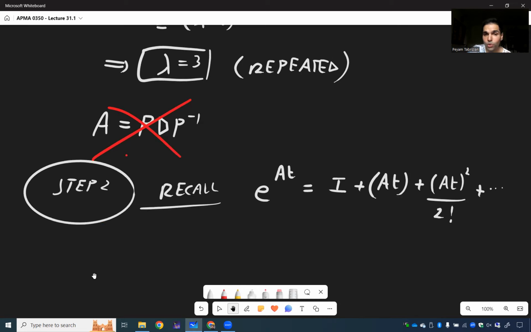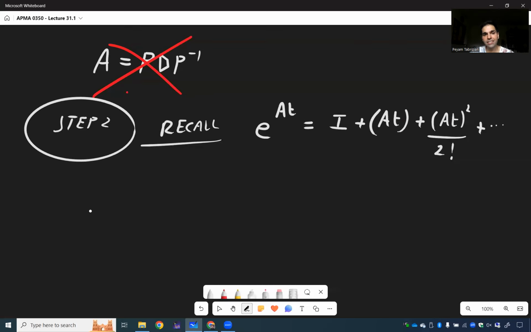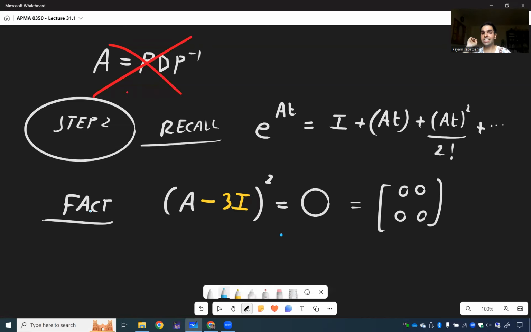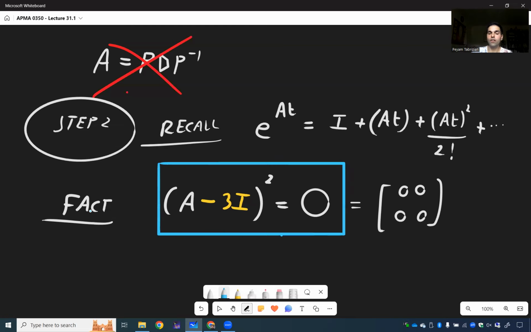A sum of 2 terms, actually, because in this case, if you take A and subtract the eigenvalue, so A minus 3I, and you square this, you just get the 0 matrix, which you will see is the key to turning this infinite series into a finite sum.